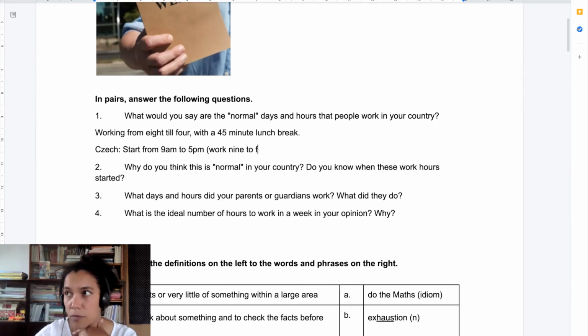Okay, from 9 to 5. And lunch break, I am not sure if it's regulated, like you have just 45 minutes. But what I have experienced with people here working in an office, they go out for lunch to some canteen or place where they can have something faster, like not fast food, but something.